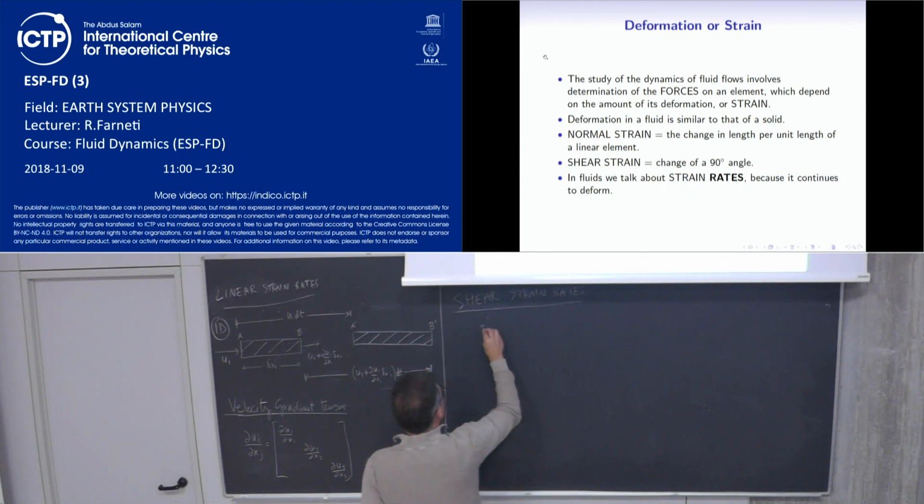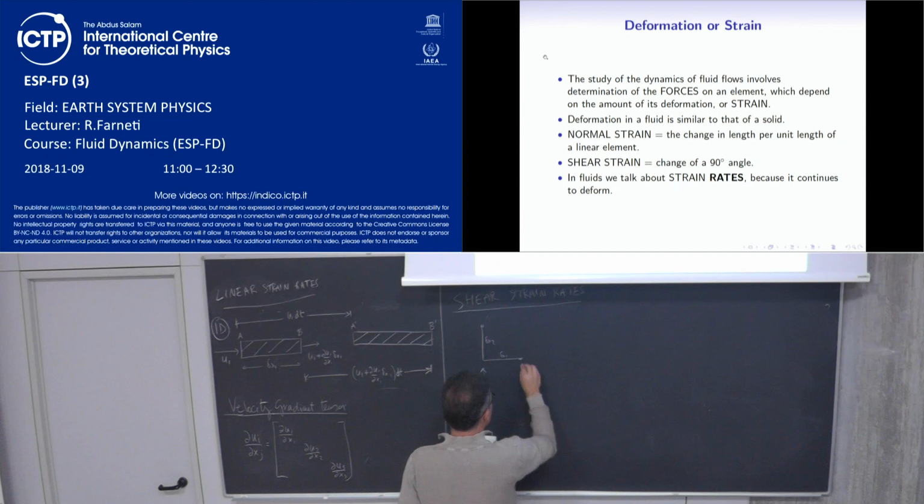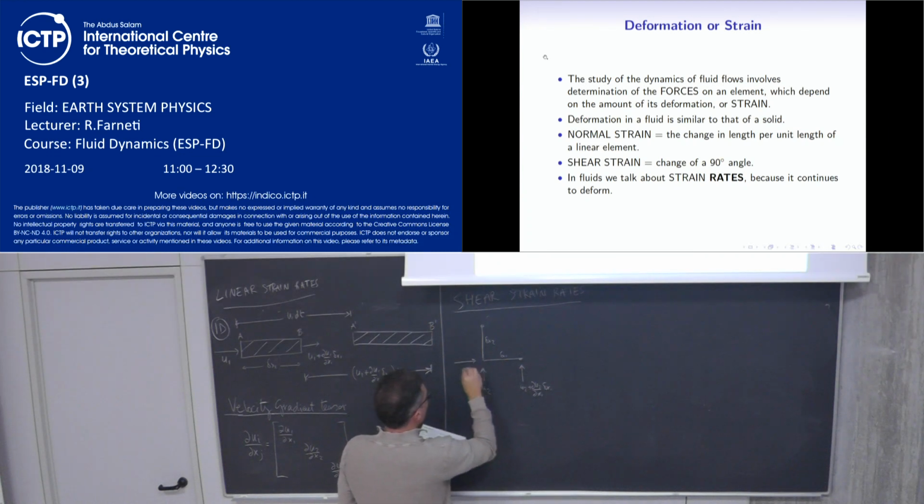Now we'll do again a simple example where I have delta x1 and delta x2. I have a u2 in this direction; here is u2 plus its variation in x1. Here I have a u1, and here I have a u1 plus its variation.